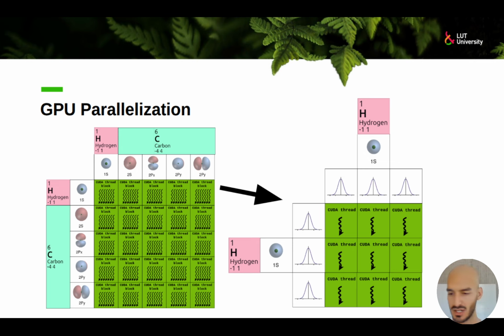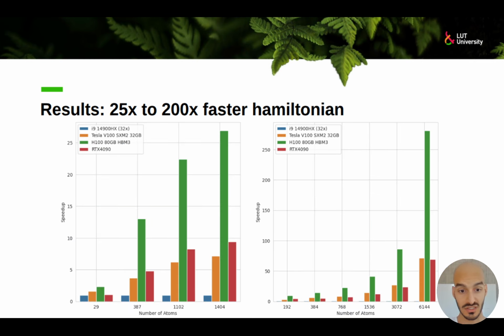And how good is this? Well, it turns out it's very, very good, at least for the Hamiltonian. So here I have set up an experiment where I use quite a beefy system of 32 CPUs, and I compare to that 32 CPU system my implementation.